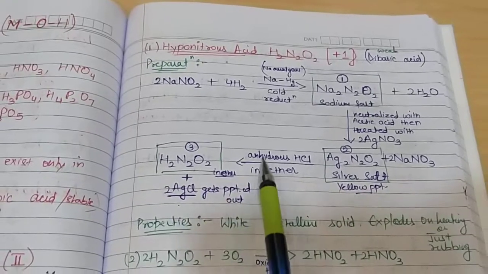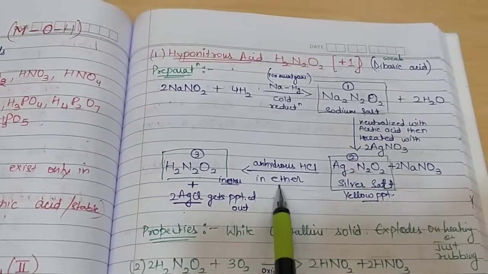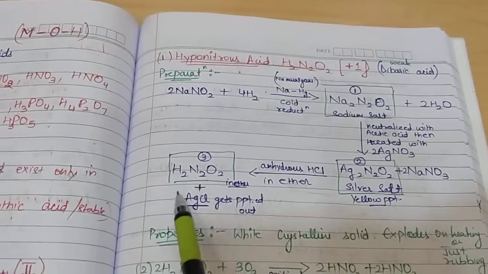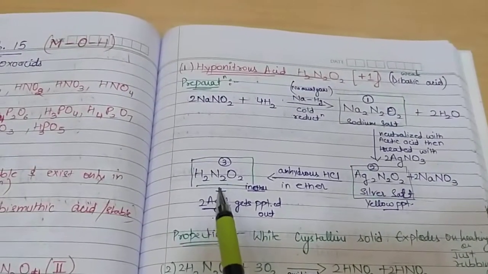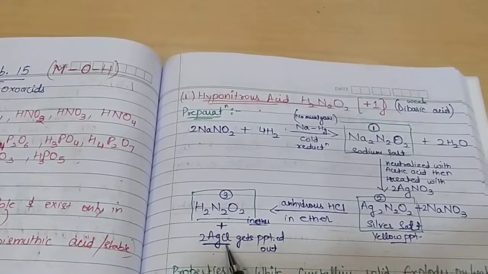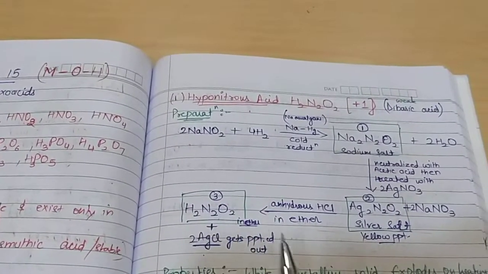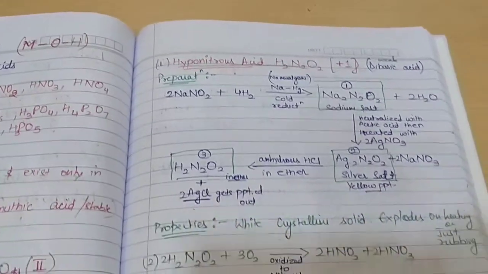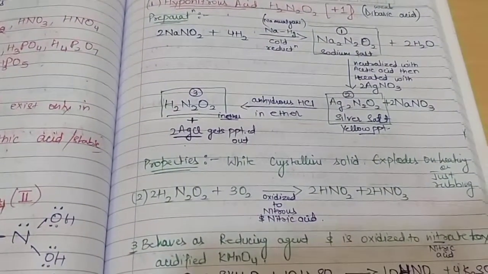Further, it is treated with anhydrous hydrochloric acid in the presence of ether, as silver chloride is precipitated out and we get hyponitrous acid in pure form. It will be present in ether.